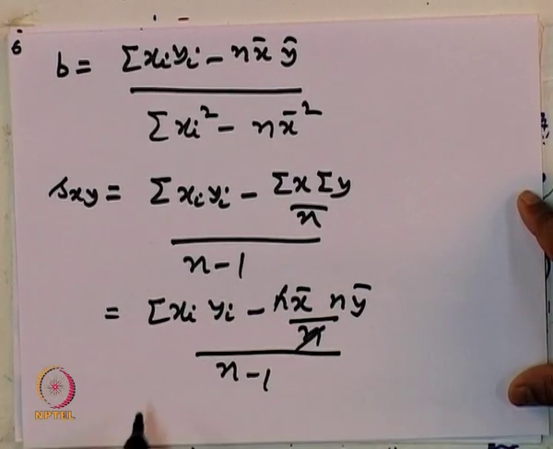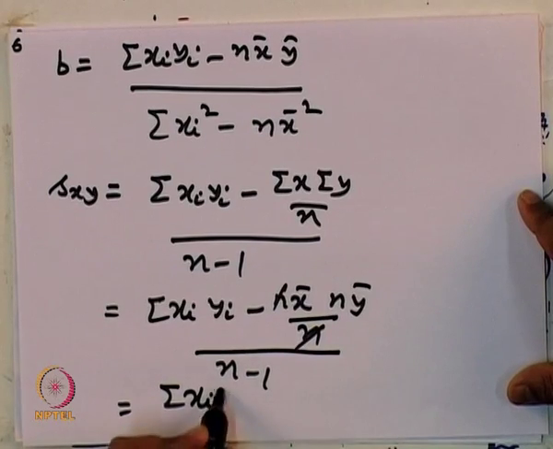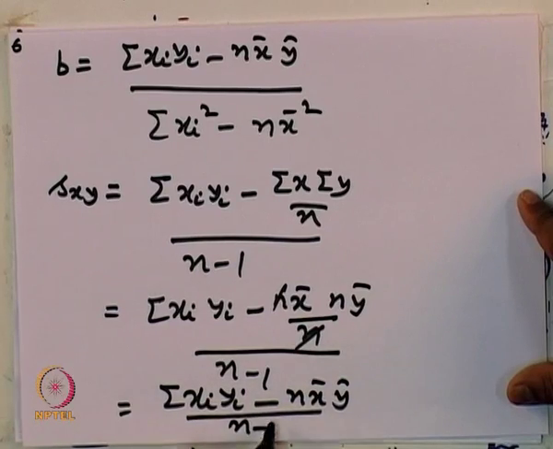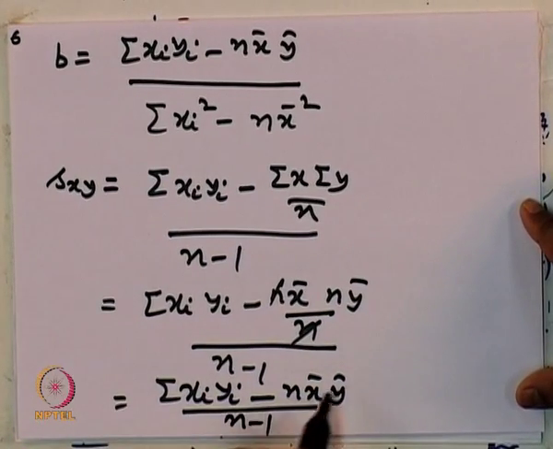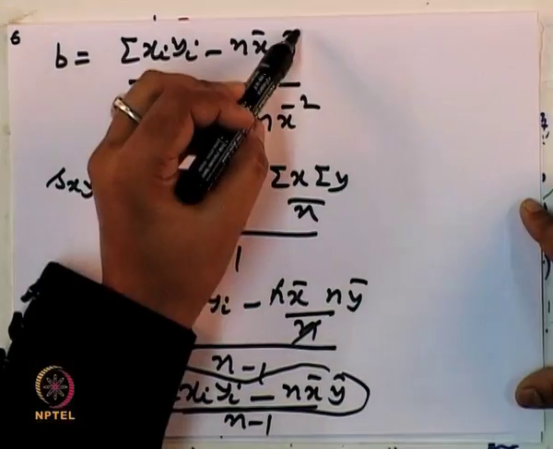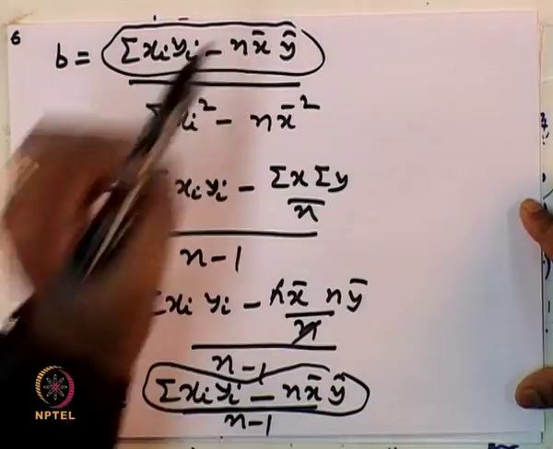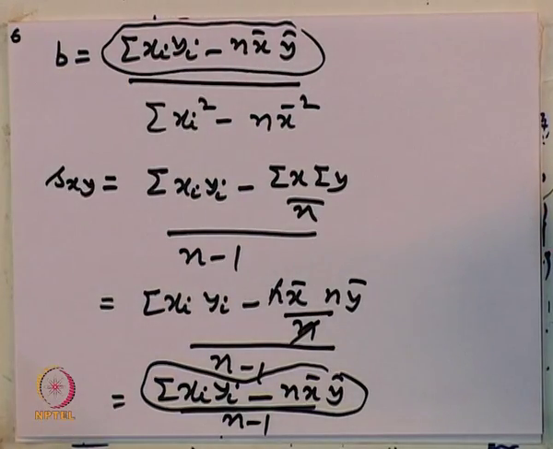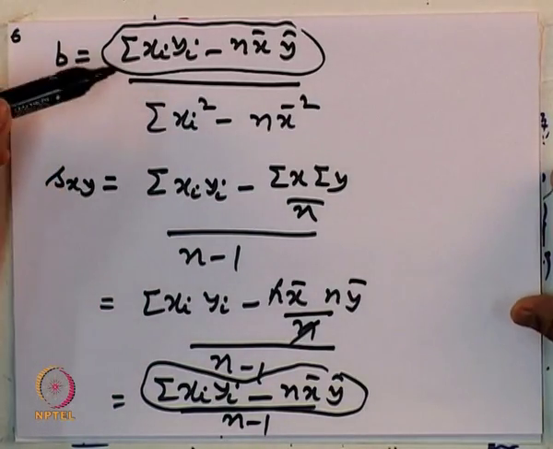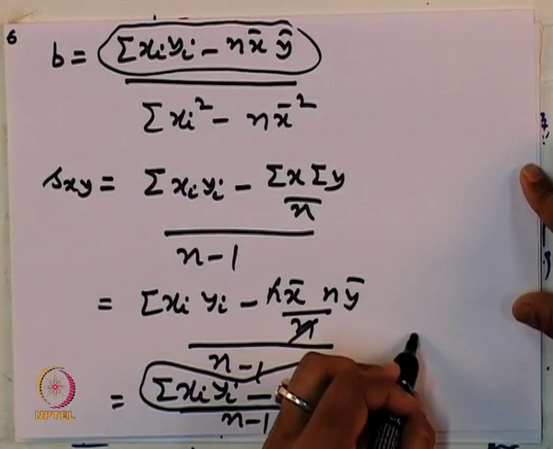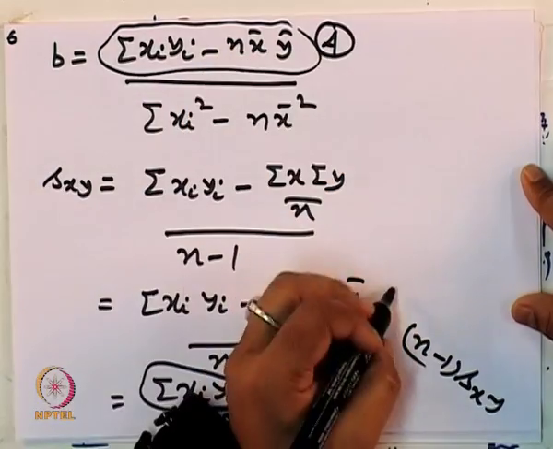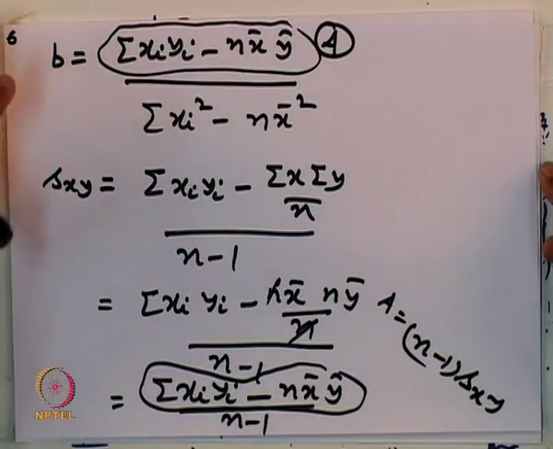So, I can cancel each other out. So, I simply get summation xi yi minus n x bar y bar whole divided by n minus 1. Okay. So, in other words, you see that this whole term is nothing but this whole term here. So, this term is nothing but n minus 1 into sxy. So, if I call it term a, so my a is nothing but n minus 1 into sxy.